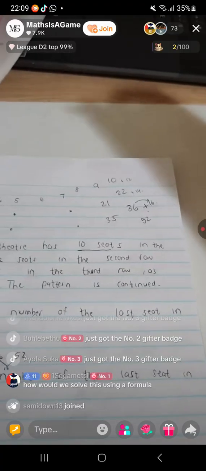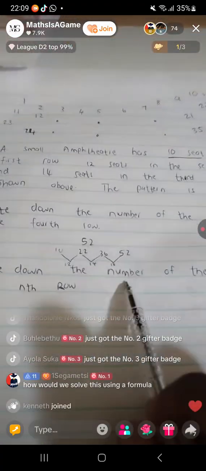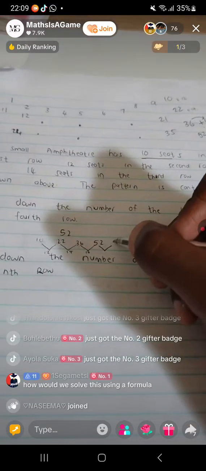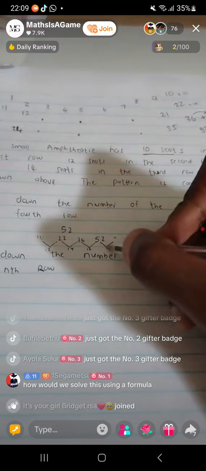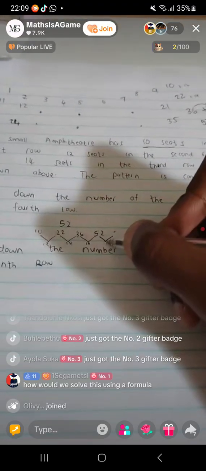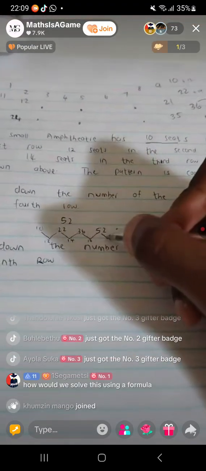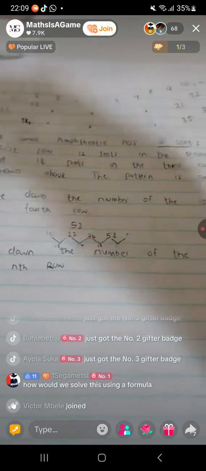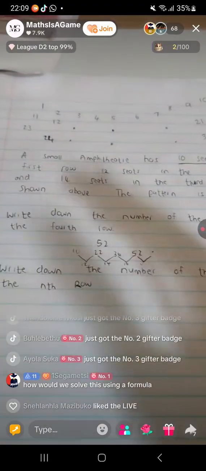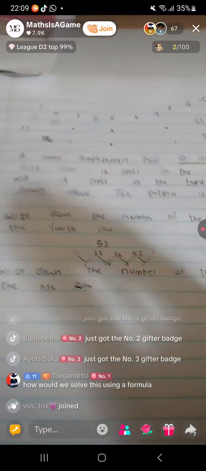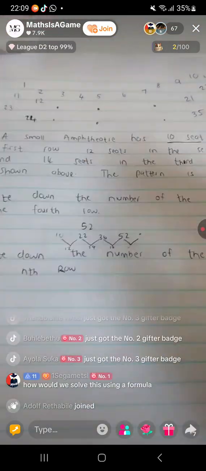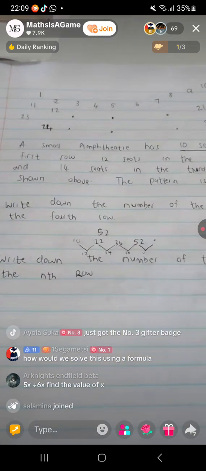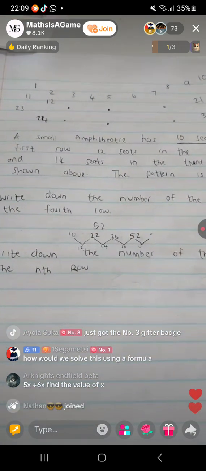All right, I hope you understand that. So logically, if you want to find how many seats are in the next row, you are going to add the constant difference to the first difference and then find the number of seats. At the end of the day, it goes back to just logical common sense as far as it applies to our constant difference.